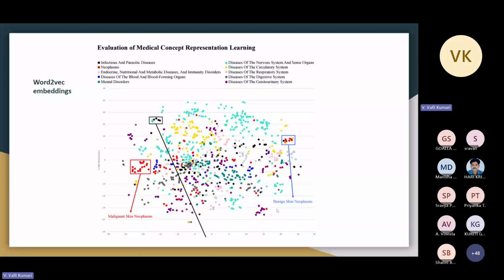If it were one-hot encoding or direct representations, then both these skin diseases, the blue and the red one, might fall at a particular place. But here you're representing it in a vector in a slightly different version. Now these two classes are far apart. That is the advantage of this kind of representation.